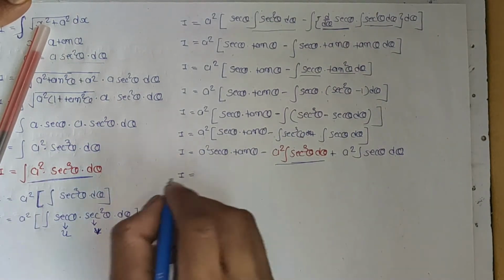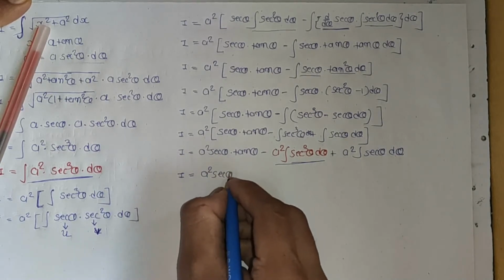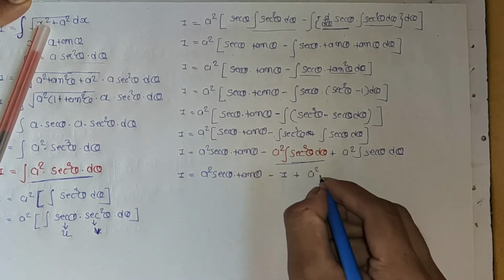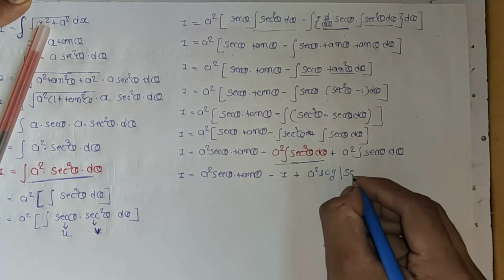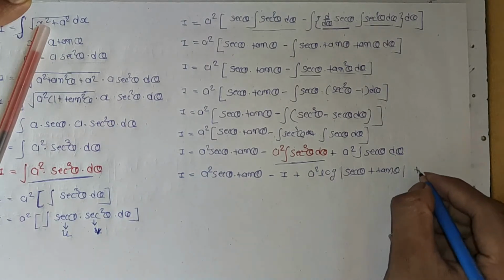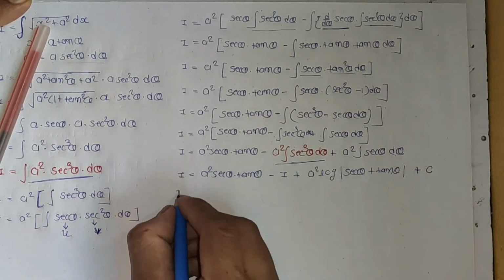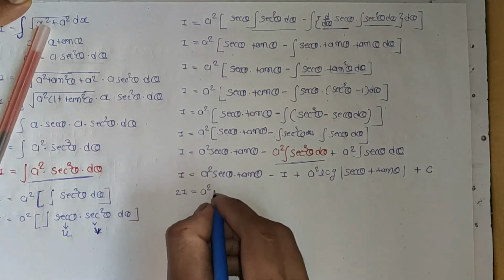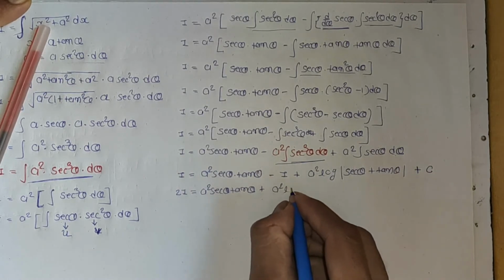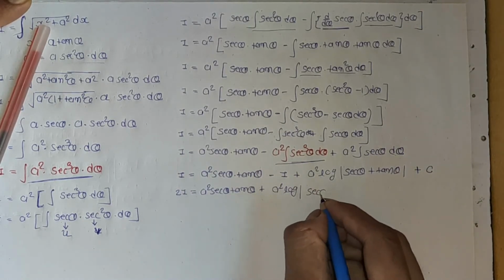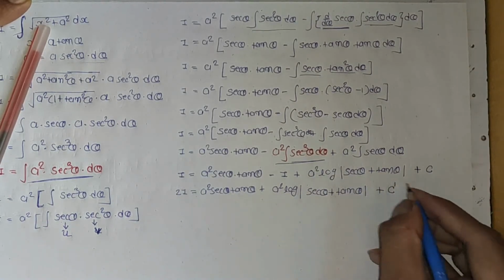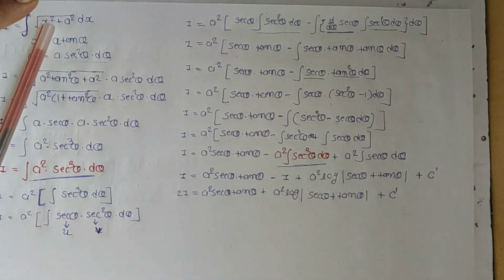Now I equals a square sec theta tan theta minus I plus a square log mod sec theta plus tan theta, plus c. Now 2I equals a square sec theta tan theta plus a square log mod sec theta plus tan theta plus c, okay. I take it as c dash, c dash is a constant, nothing else.